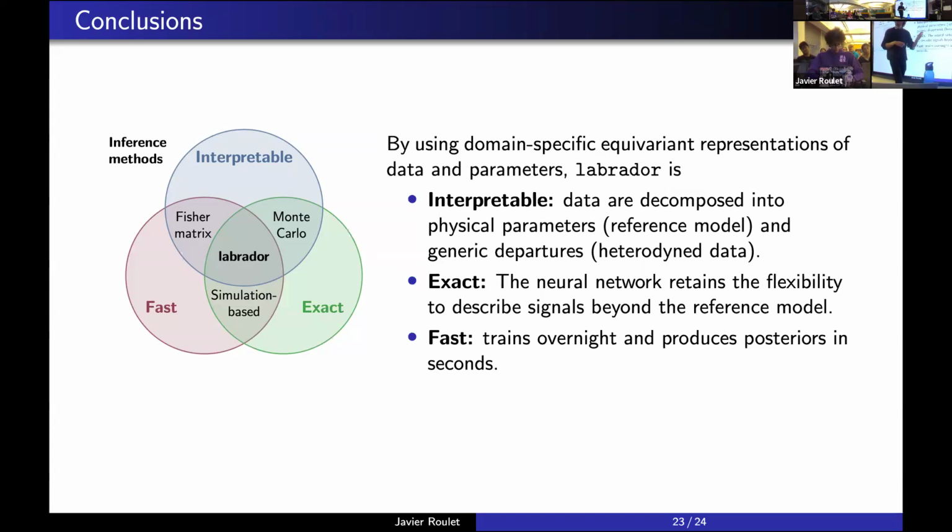But we also allow for generic departures, and we let the black box aspect of machine learning flexibility capture those generic departures. So it's a good method towards including generic effects. For this reason, it's also exact. The neural network retains the flexibility to describe signals beyond the reference model, and it's very fast. It trains overnight and can produce posteriors in seconds, which is much faster than the classic methods.